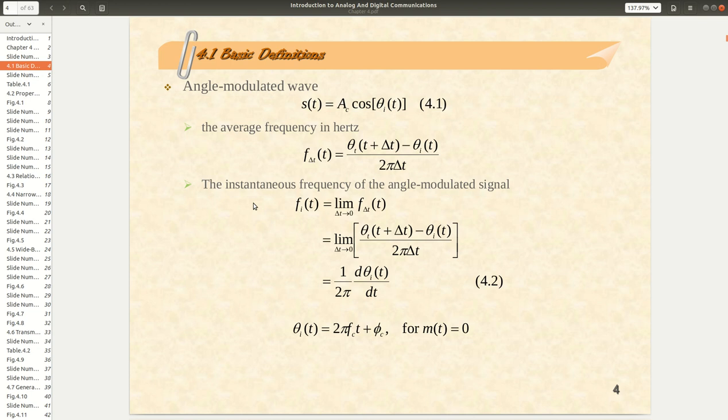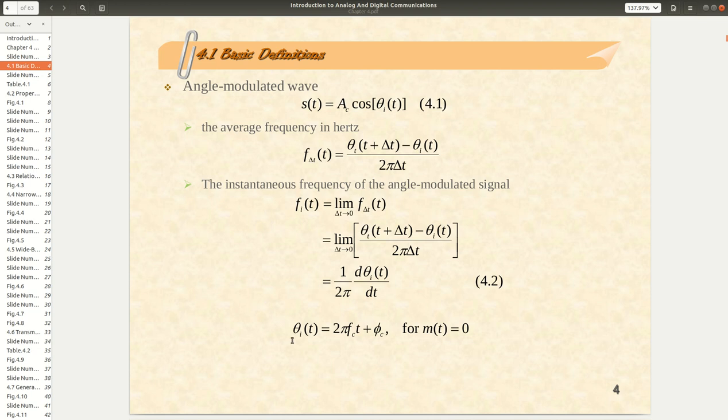The instantaneous frequency is what you get when you take the limit as delta t goes to 0. It becomes 1 over 2 pi times the differentiation of theta_i of t over dt. This is how you get the instantaneous frequency and how you get the average frequency in hertz.